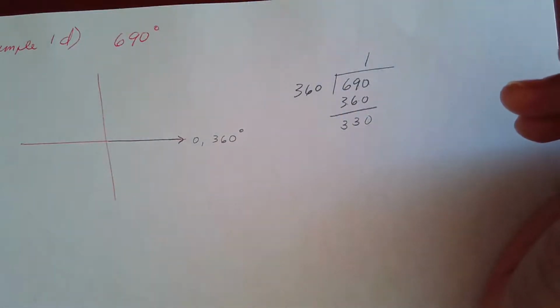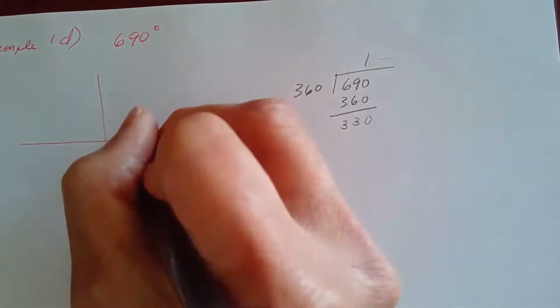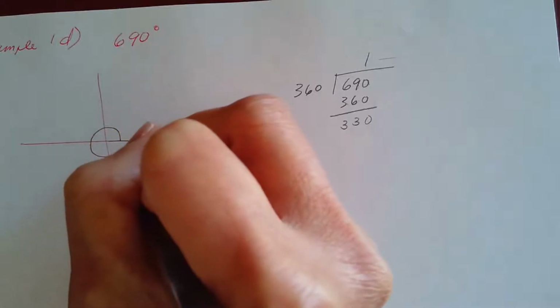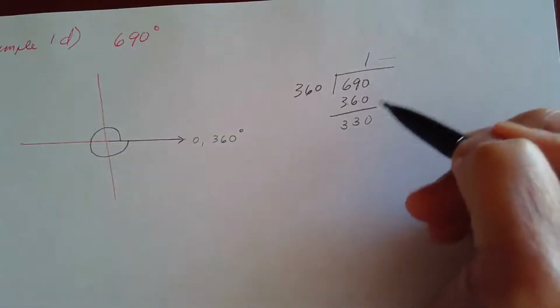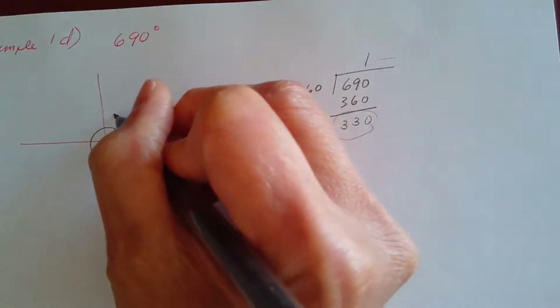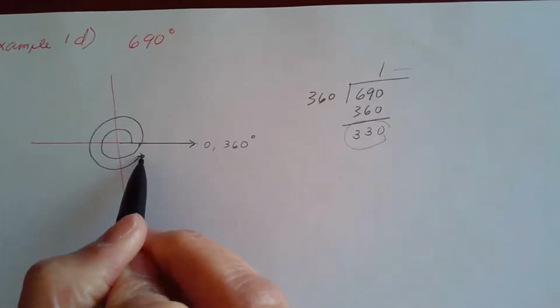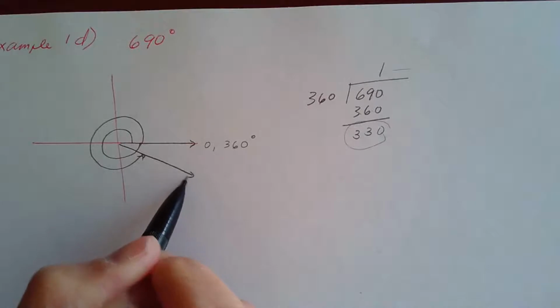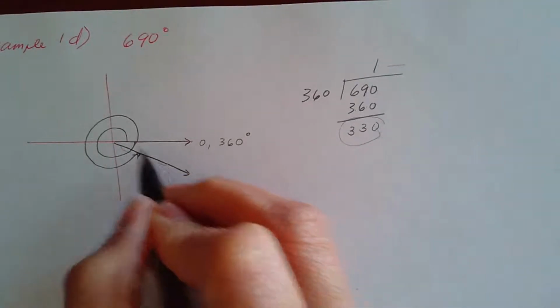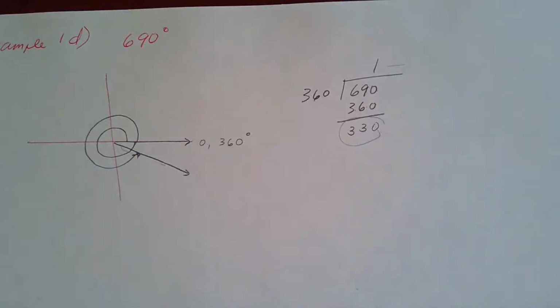So it's going around one full revolution, and then I have to turn 330 degrees more. So 330 would be right there. My terminal arm is right there.